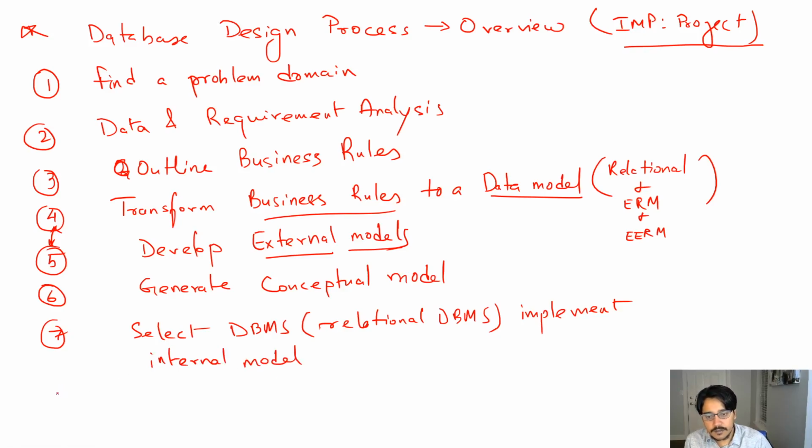and then thereafter optional is physical model. But we don't need this for this course. Although I say it is optional in the generic notion of the design process, we don't need it for the sake of the project. Okay, the physical model.